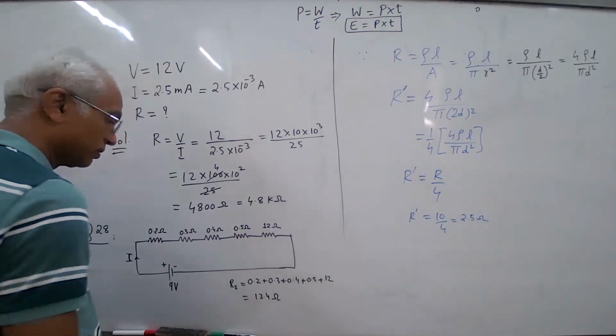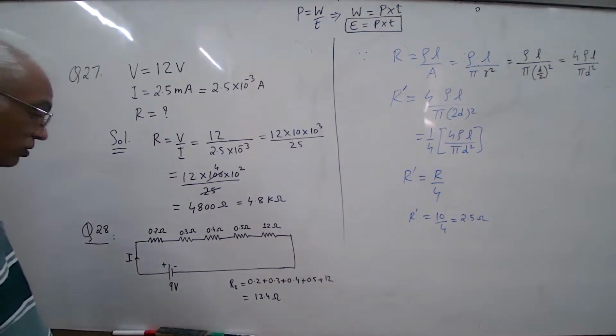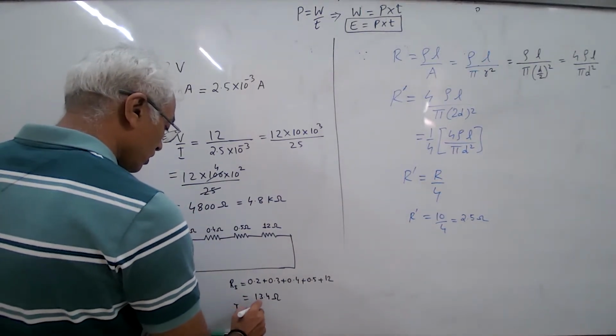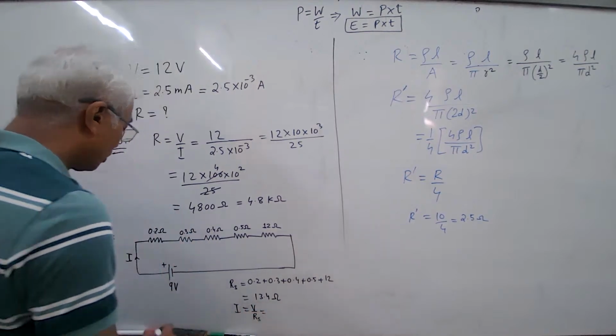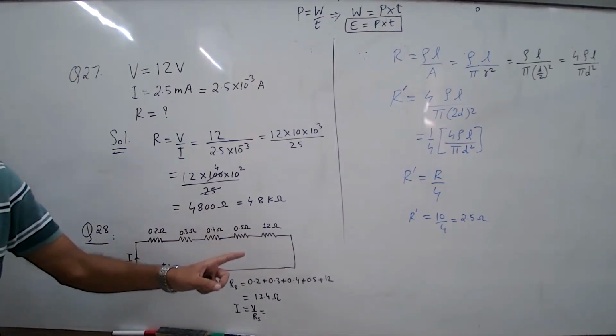What is RS? 13.4. So then what is I? E by RS, because to find the current in the circuit, you have to take the total resistance into account.